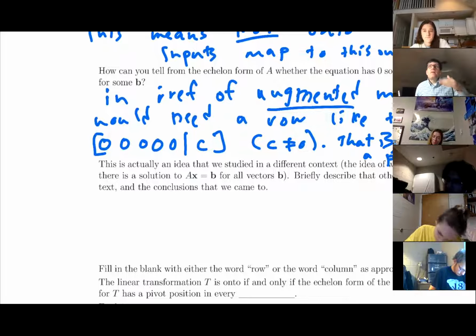So if it's missing a pivot in a row, that would mean that you've got this whole row of zeros, and then to the right of the line, you get something that's non-zero. So it's missing a pivot there, okay?